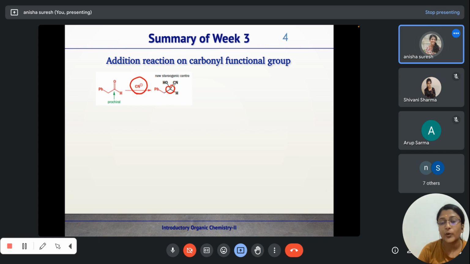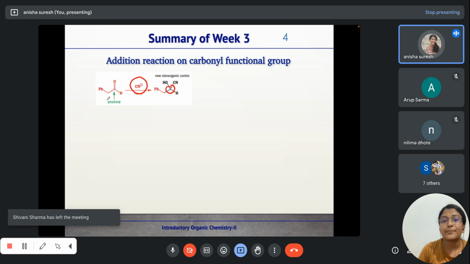Here all the four groups are different, so this will be a chiral center or stereogenic center. So this compound is referred to as prochiral because this addition reaction will lead to the generation of a chiral center here. That is why this is referred to as a prochiral molecule.